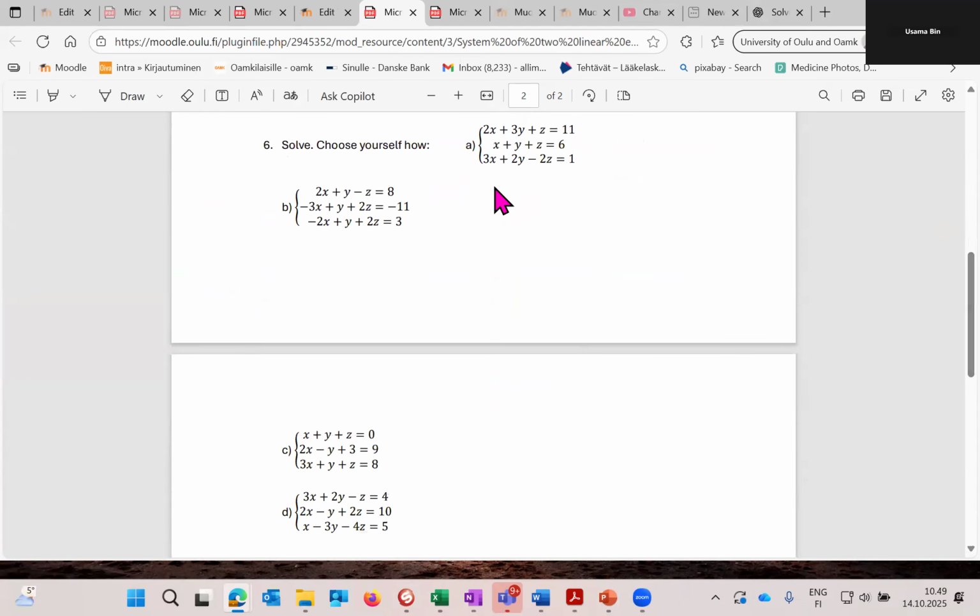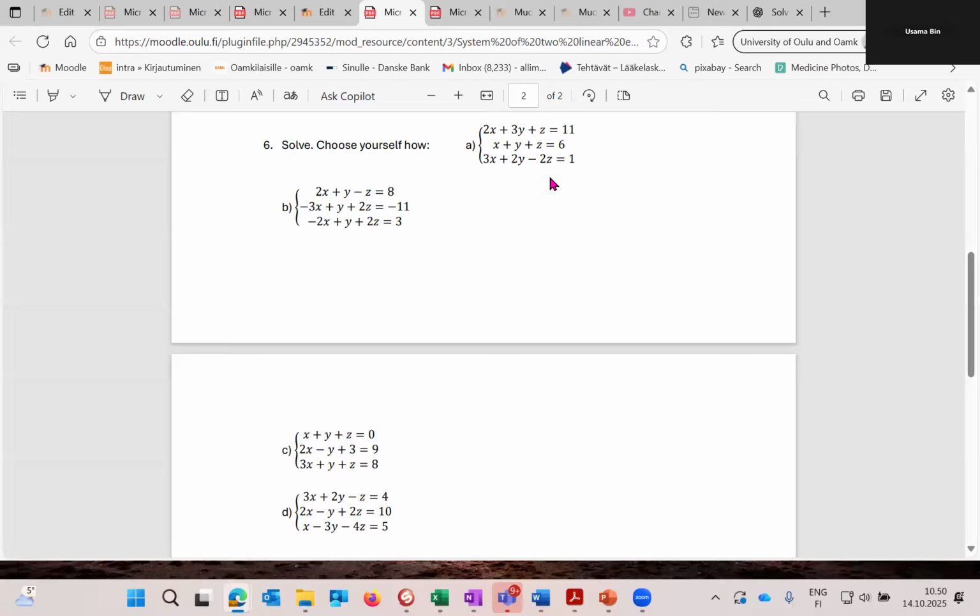So here it says solve, choose yourself how, but don't solve by hand, solve by Excel. Because I think we had already in this course something like this to be solved by hand, but it doesn't make any sense. Of course then you need a different kind of method, but if you're on some course, you will get to situations where you have something like this, and then you have the powers somewhere.